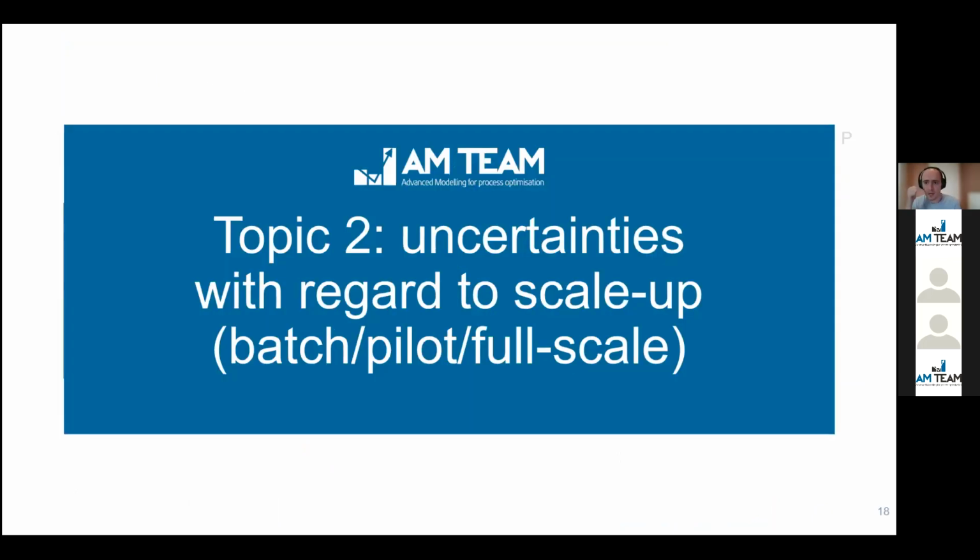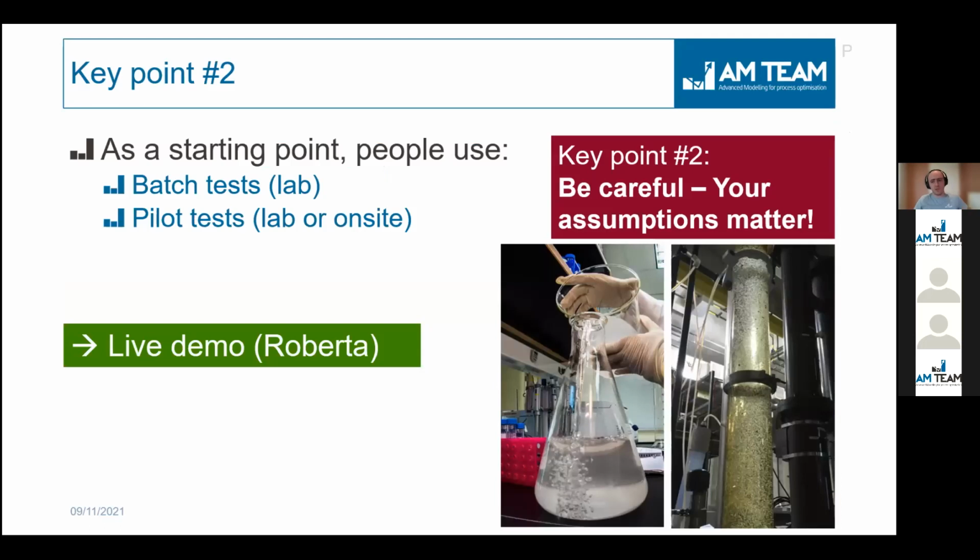So now we talked about the water matrix, the starting point. Topic 2: going from batch tests or pilot tests to a full-scale installation. There is a lot of uncertainty in this process because you scale up. What we usually see nowadays, as a starting point, is that people still sometimes use just batch tests, or they use a pilot test performed in a lab or on site, to make a design for a full-scale installation.